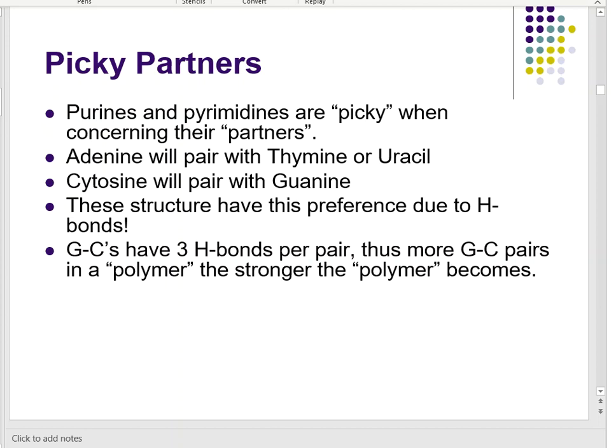The adenine, or the A, will always pair up with T or U. Remember, U is only used in RNA. T is what we'll find in DNA. So therefore, I can leave out the U description right now because we're only really focused on DNA. So A pairs up with T every single time, and T pairs up with A every single time. There are no exceptions here.